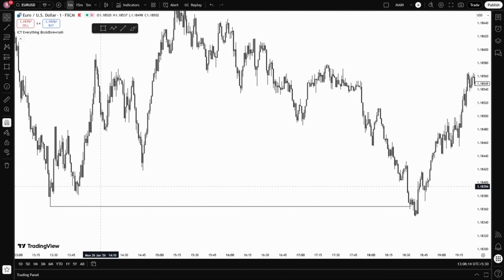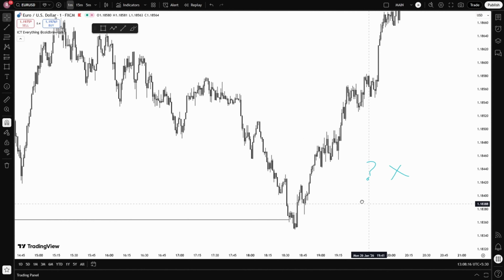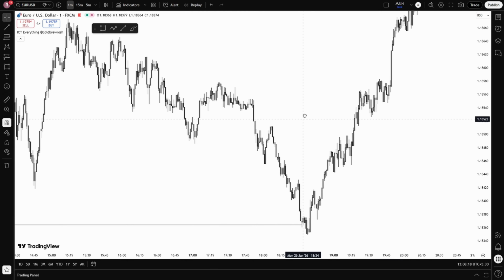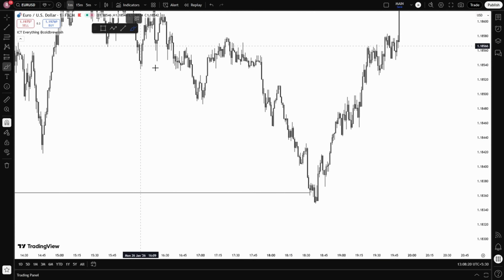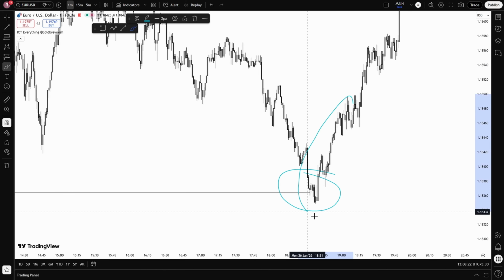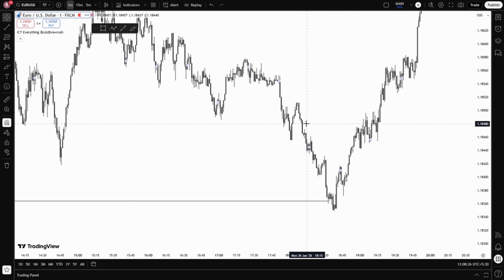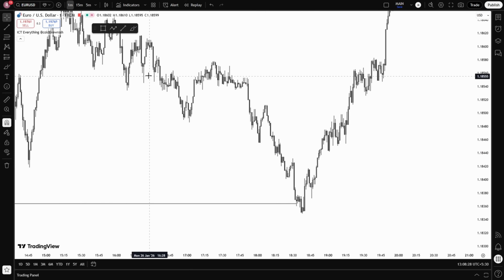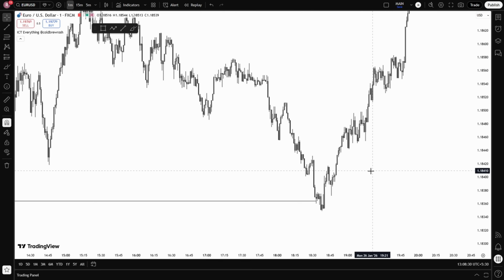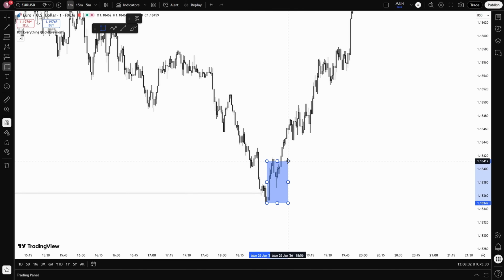So after a liquidity sweep, this is usually the point where most traders get confused. They know liquidity has been taken, but they don't clearly know what to do next. The first thing you need to understand is that the market never repeats the exact same structure every single time. It may show similar characteristics, but you will never see the exact same thing happening at the exact same point again.